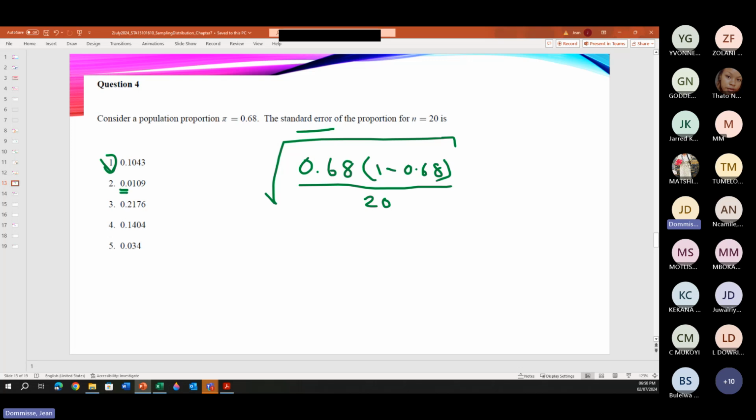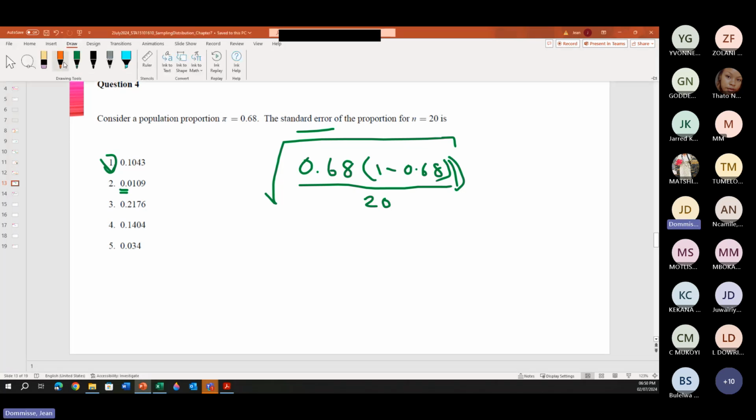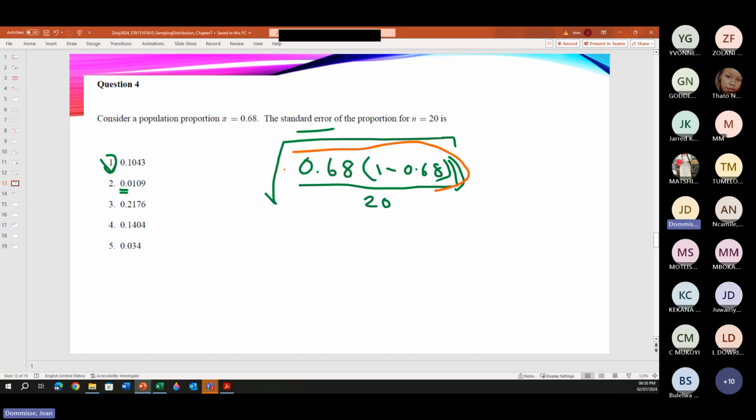So nearly at each step, I just want to check this. If you said 0.68 times 0.32, because that's that step, and you only did that component, your answer would have been 0.2176.